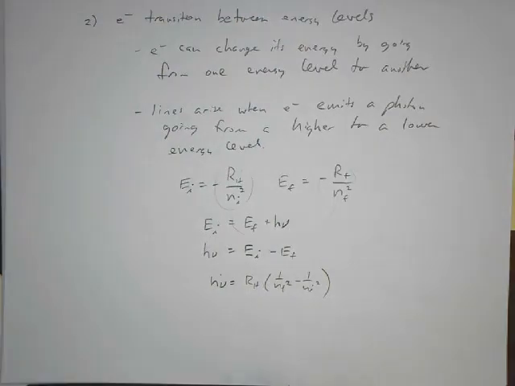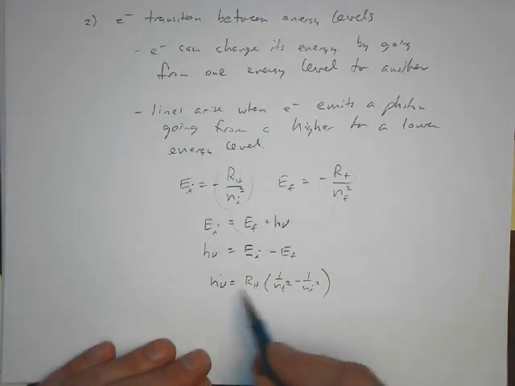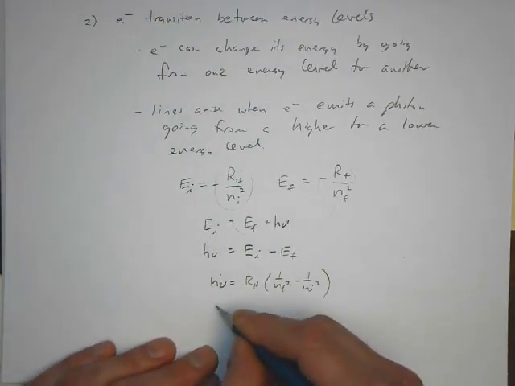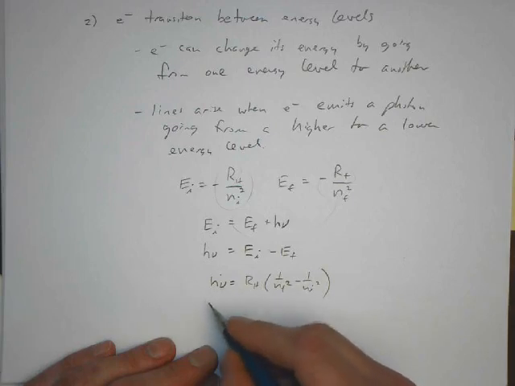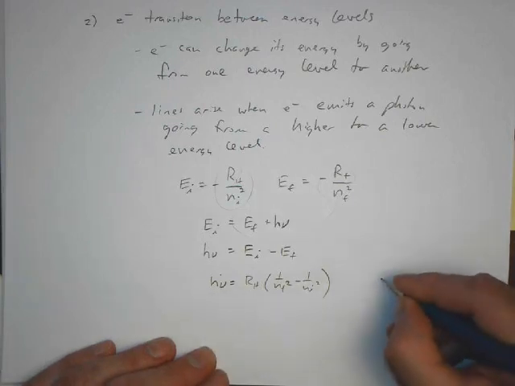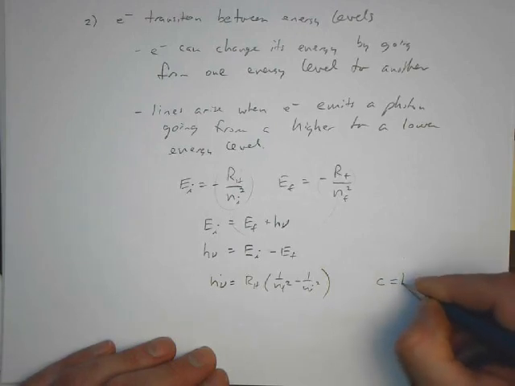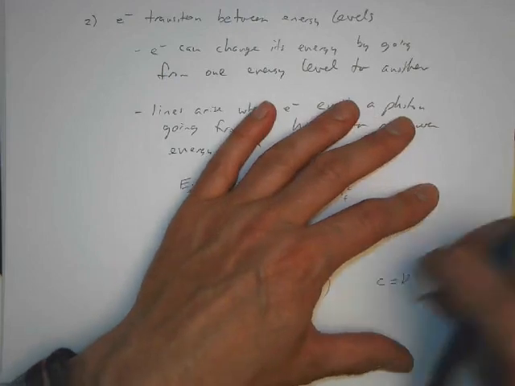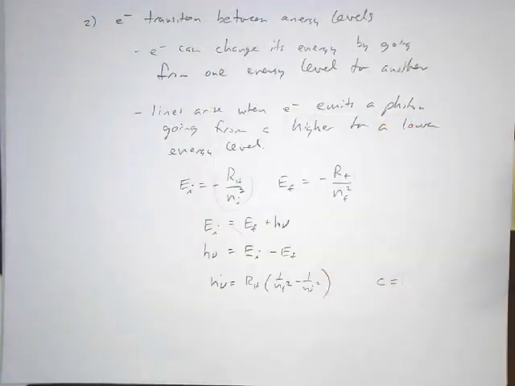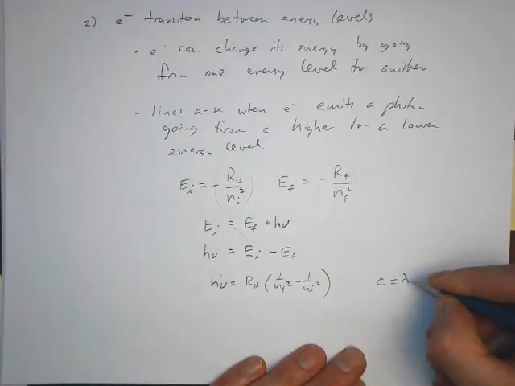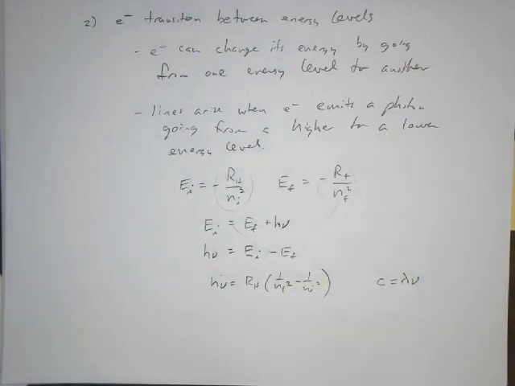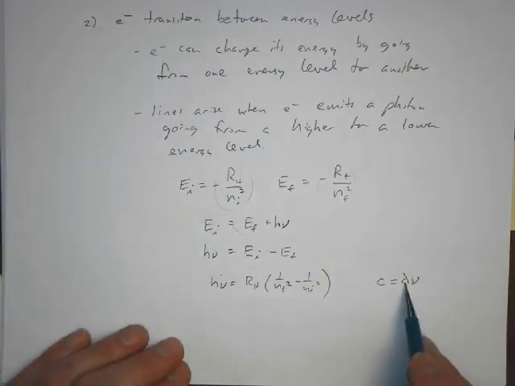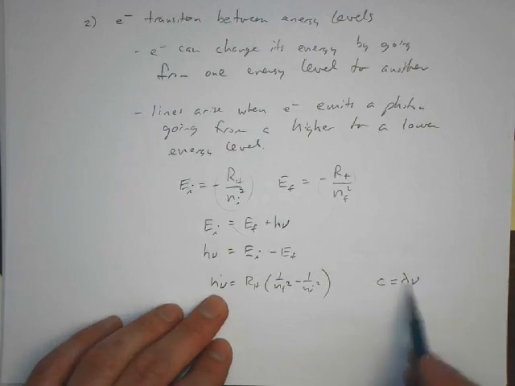Oftentimes you might be interested in the frequency of the light rather than the wavelength. And remember, the speed of light is equal to lambda nu, where this is the wavelength and this is the frequency. We can combine these.